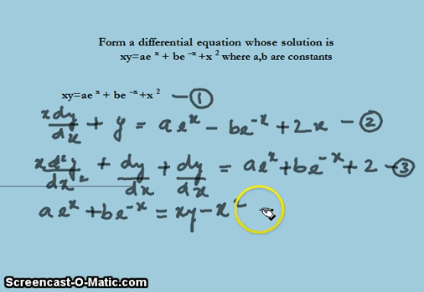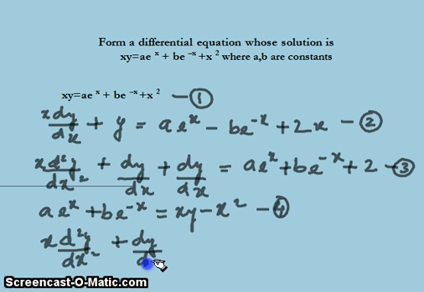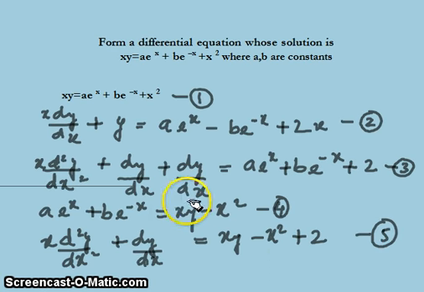Now we are going to substitute this equation, labeled as equation number 4, in equation number 3, and thus we obtain the equation x d square y by dx square plus dy/dx equal to xy minus x square plus 2. This equation, labeled as equation number 5, is the differential equation whose solution has been given in the problem. With this, we conclude our first lecture on differential equations.